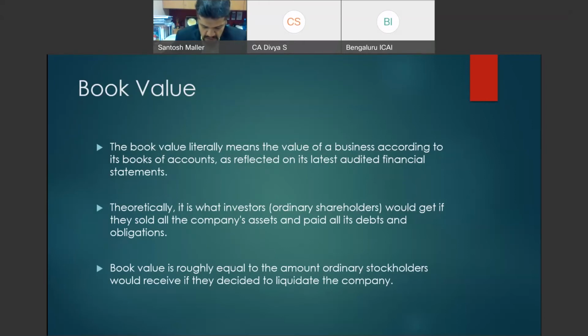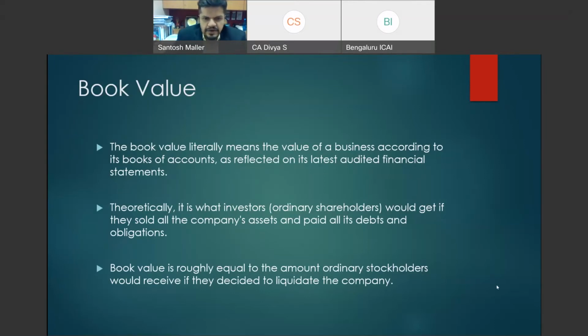So whatever asset value is reflected in the books of accounts will be what it will fetch in the market. There won't be any change when the assets are sold or realized.